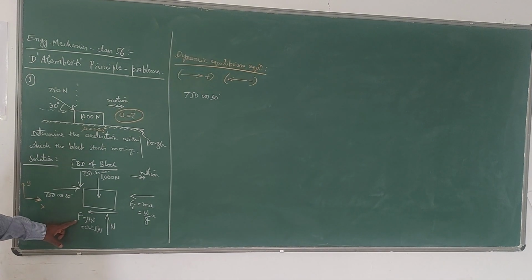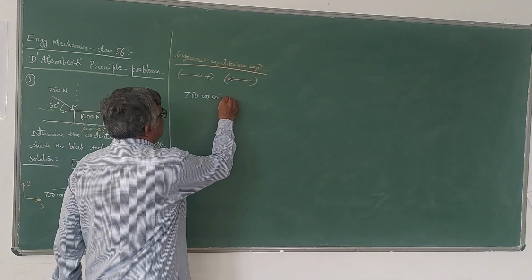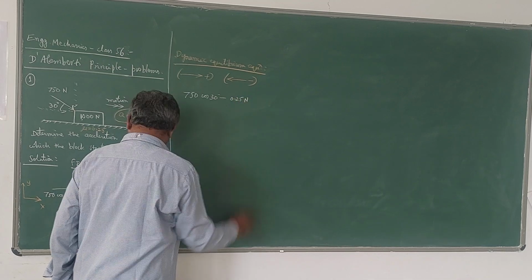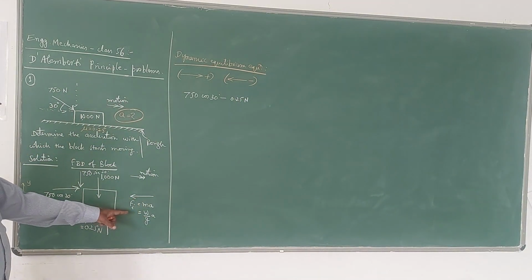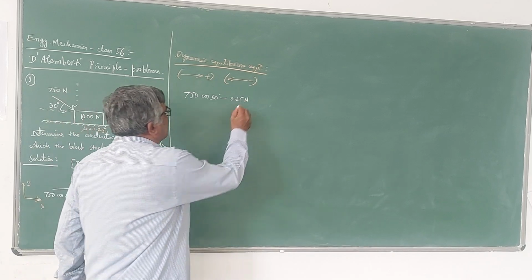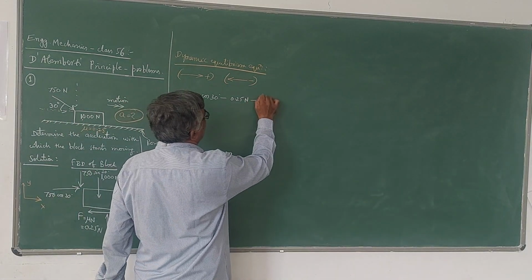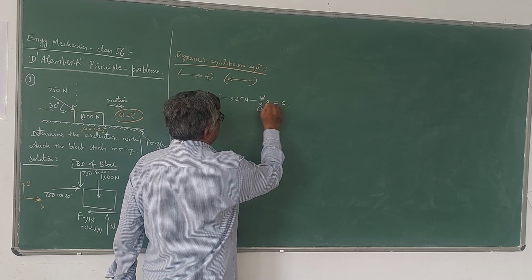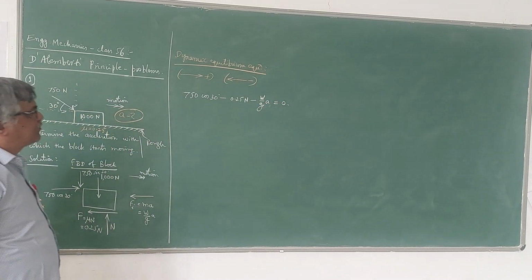Then you have this frictional force acting in the opposite direction, which is mu times N, which is 0.25 times N. Then this inertial force, which is W by g into a, is also negative, so minus W by g into a. This should be equal to 0. So this is the dynamic equilibrium equation.